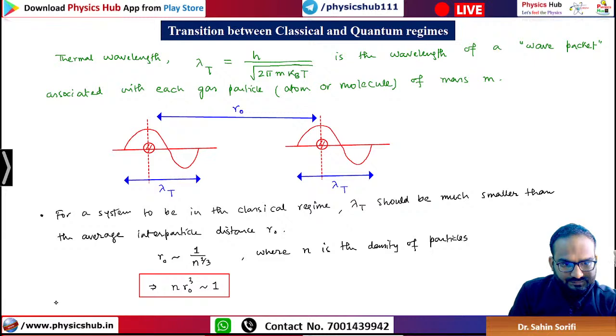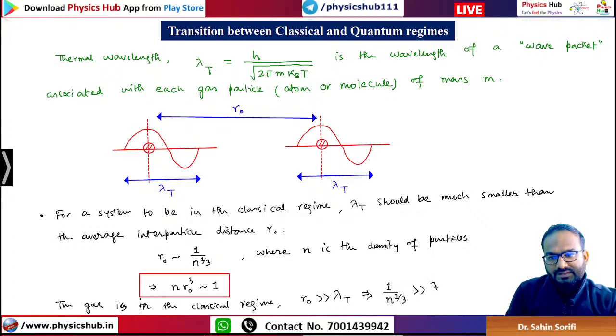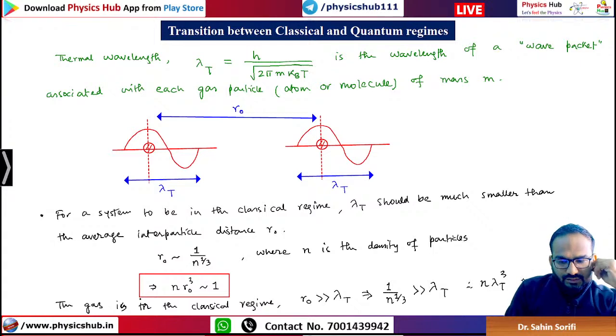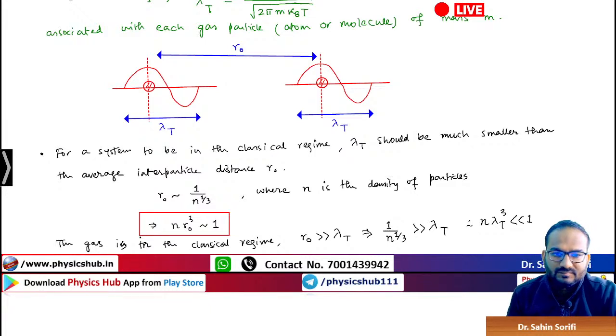We can say that the gas is in the classical regime when lambda T is much smaller, so R0 should be much greater than lambda T. Now R0 is equal to 1 upon n to the power 1 by 3, so it should be much greater than lambda T. It means n lambda T cubed should be much less than 1.